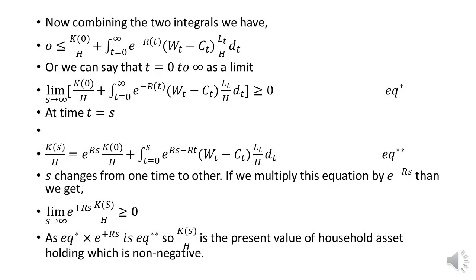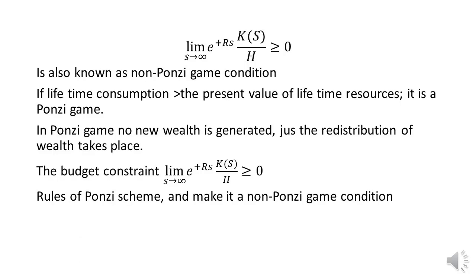It means they will have some value, which is their discounted present value, and it should be non-negative. So what does this equation tell us? That when the limit s approaches infinity, at that time the capital assets holding of household is greater than or equal to 0. This is something we call the non-Ponzi game condition.